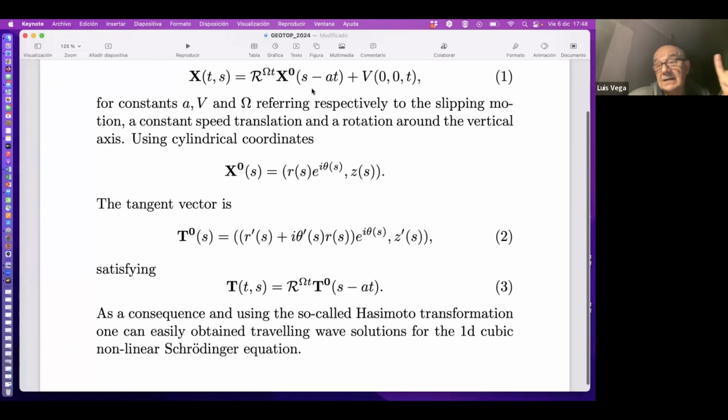So you are using cylindrical coordinates in this case, where the vertical direction is just (0,0,1). I mean, if you write in coordinates x, y, z, the vertical direction is z, right? And then this is a rotation in the corresponding plane.